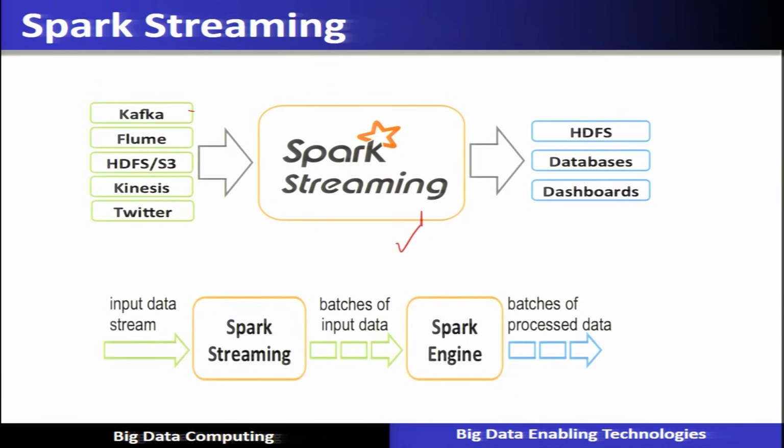Spark Streaming does the computation on the streams entering Spark Core, and after the computation the output will be stored in HDFS or in databases, or a visual analysis can be shown on a dashboard.